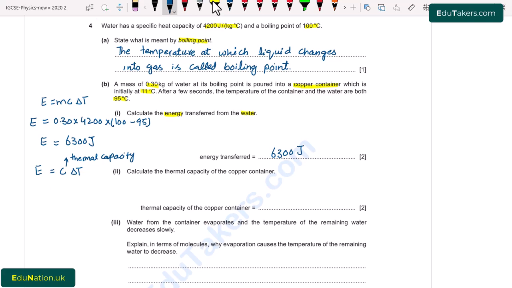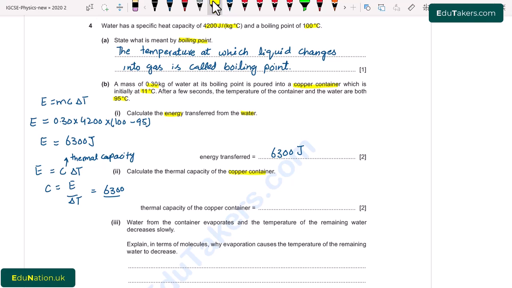So I just write C is equal to E over delta T. Energy we have already calculated, it is equal to 6300, and the change in temperature will be equal to, here we have to find the change in temperature for the copper container because we have to find the thermal capacity of the copper container.